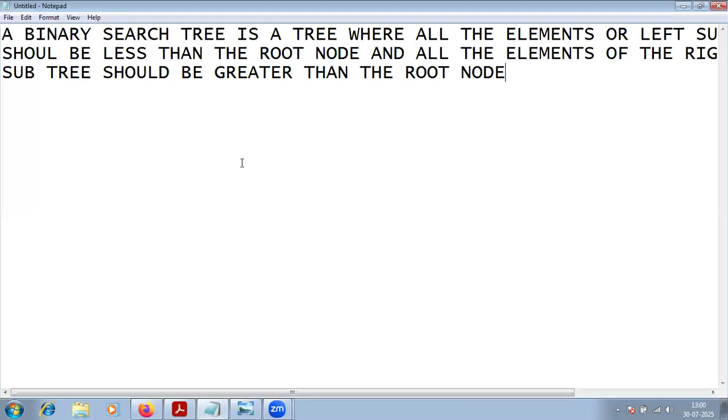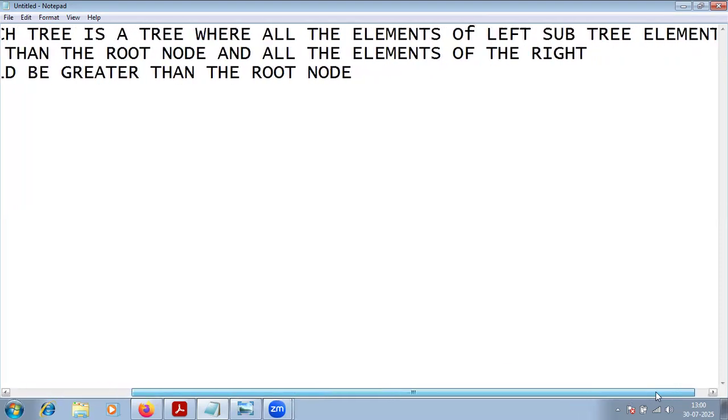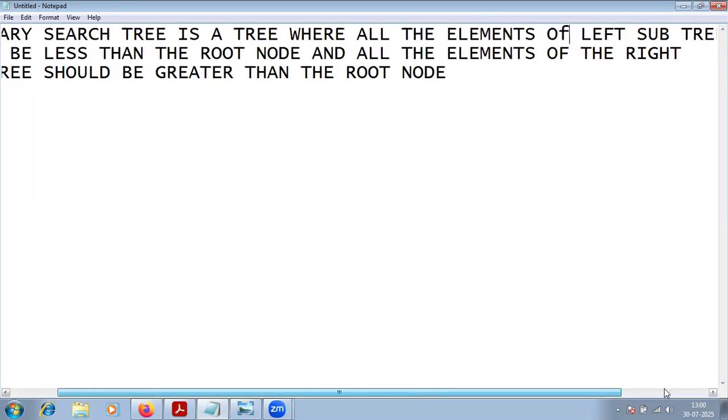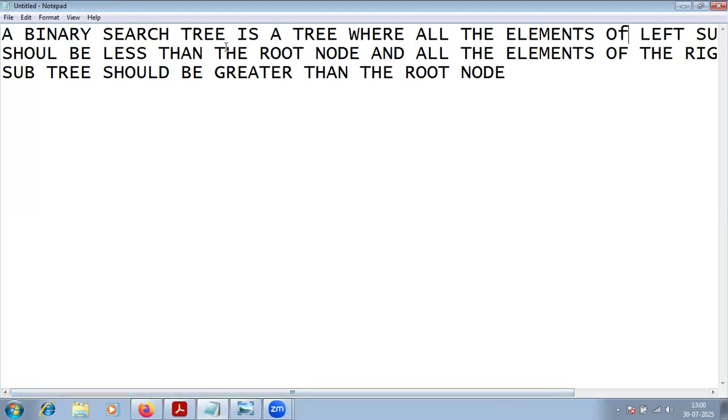See the definition. A binary search tree is a tree where all the elements of the left subtree should be less than the root node, and all the elements of the right subtree should be greater than the root node.